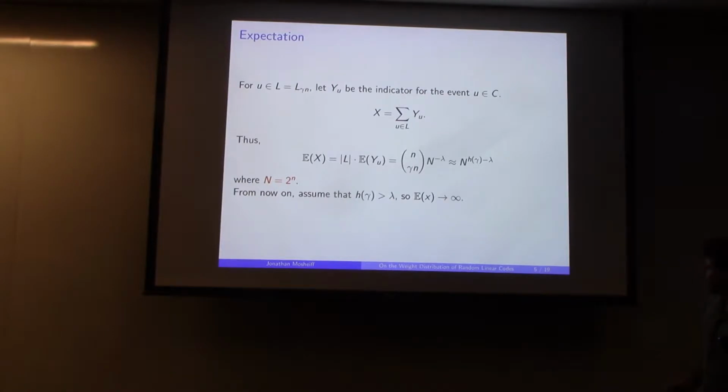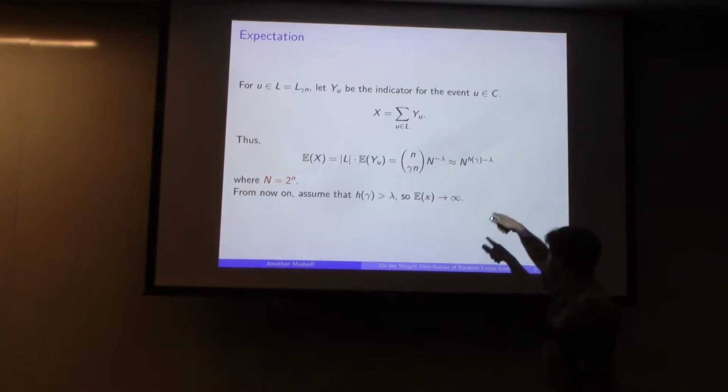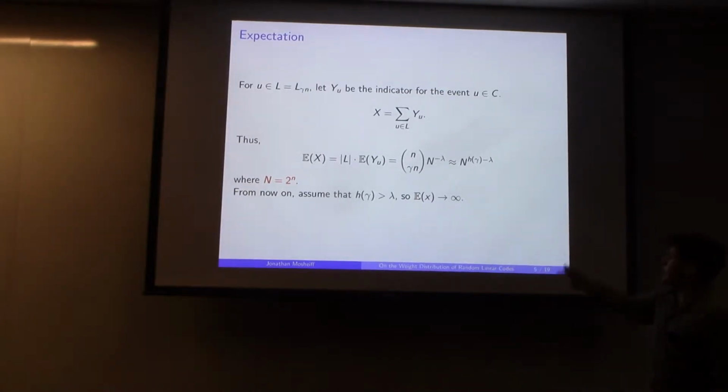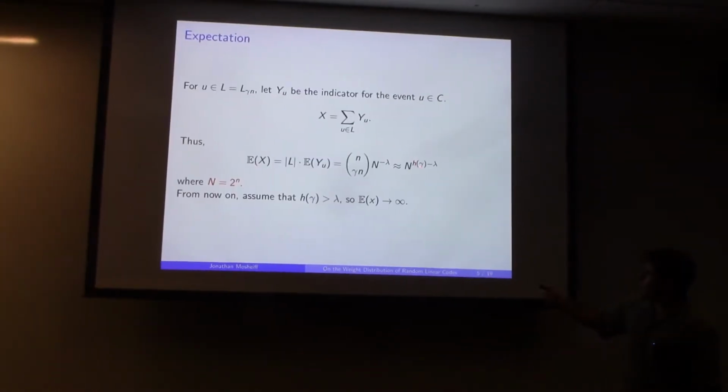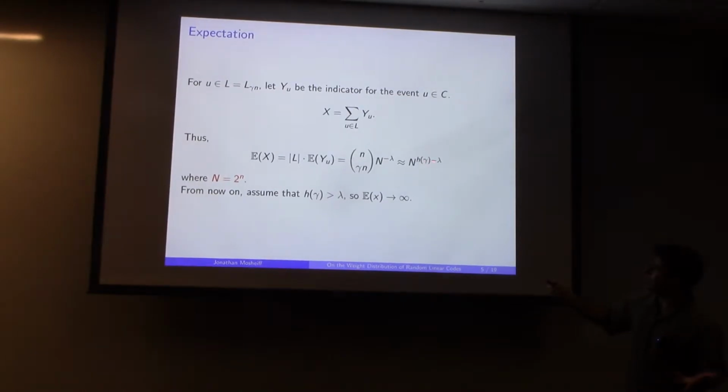OK. So that's the expectation, and from now on we're going to limit ourselves to the case where this expectation tends to infinity. So gamma and lambda are constants. When you have this exponent H of gamma minus lambda, when n becomes large, the expectation can tend to either infinity or to 0.